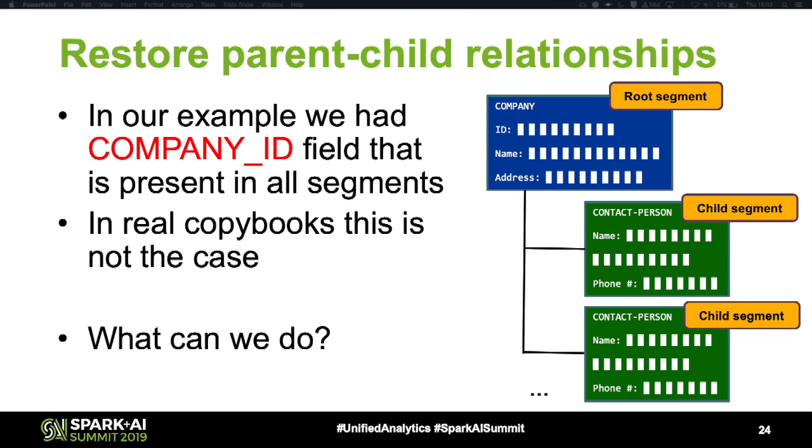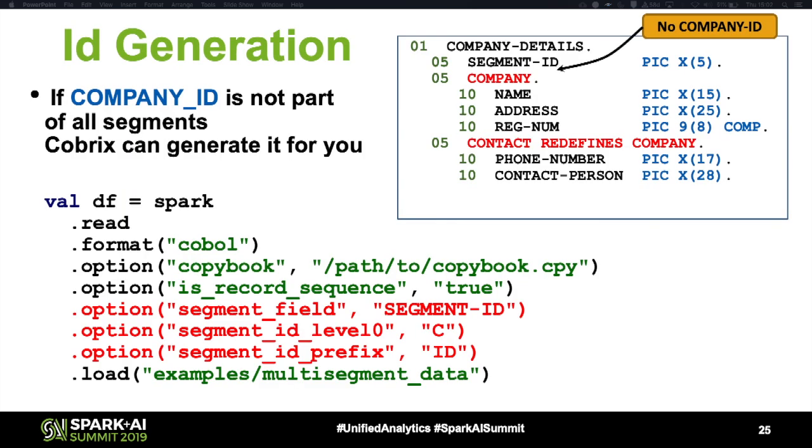So let's take a look at this example. This is the same example as we saw before, but with no company ID field present in both segments. Cobrix can help you here as well using ID generation. So basically, simply speaking, it can generate a company ID for you.